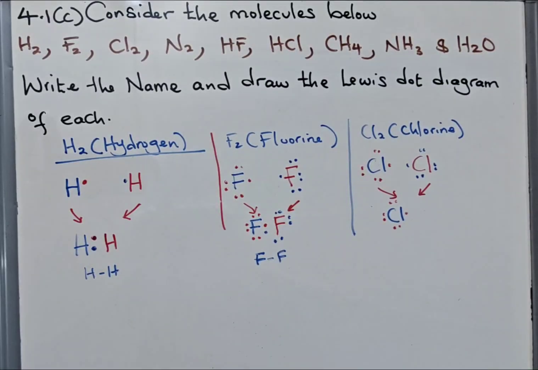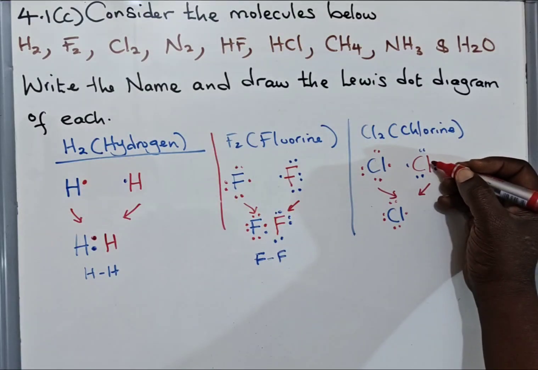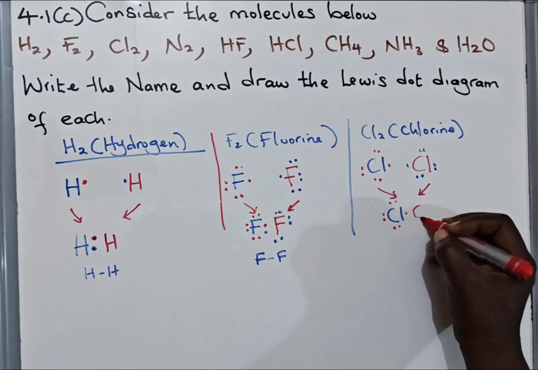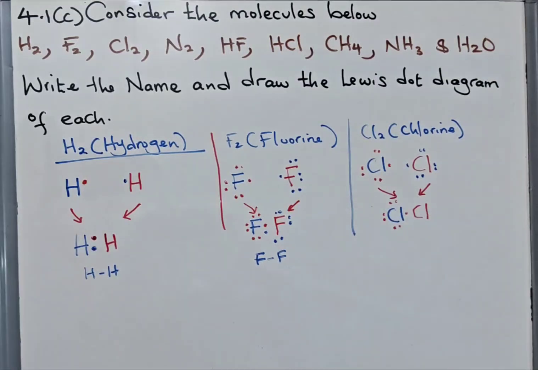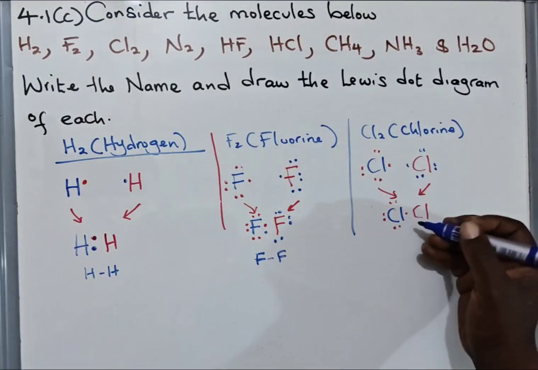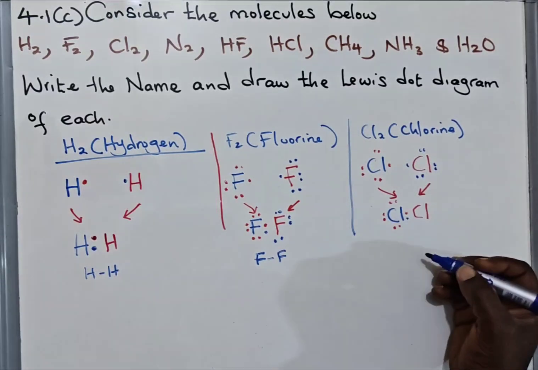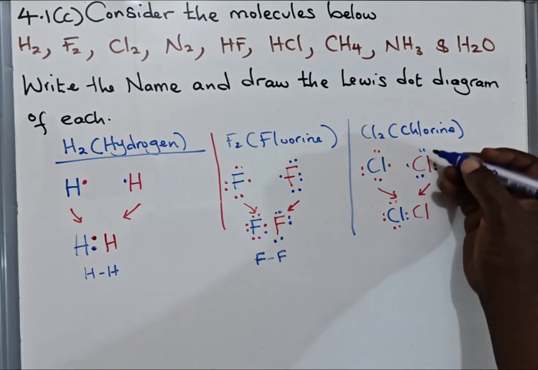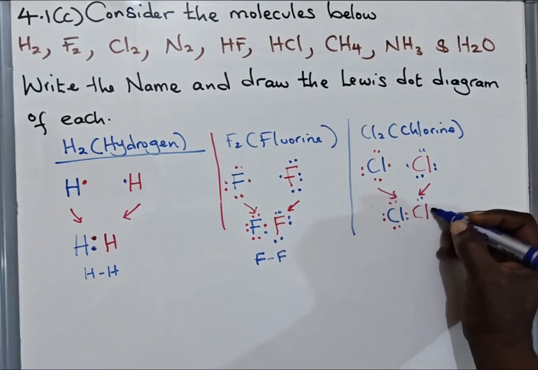Now, I need to tell you that bonding occurs only between unpaired electrons. So in this case, this one comes here. And what does it come with? It brings its unpaired electron here for bonding. And then we distribute the lone pairs which are around like that.